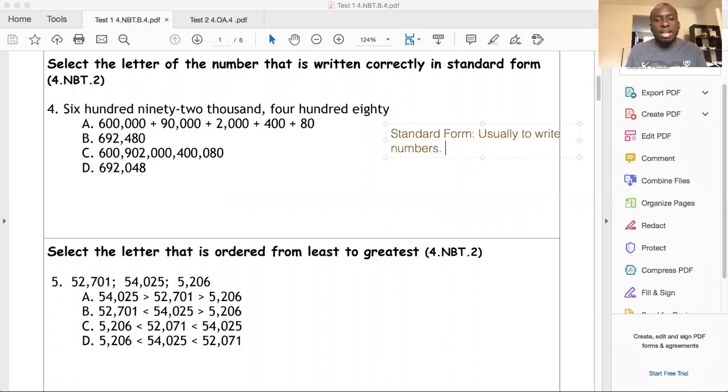It's our normal way, just listing the numbers out. So I have expanded form, which is right here, and I'm going to spotlight this. This right here is expanded form.